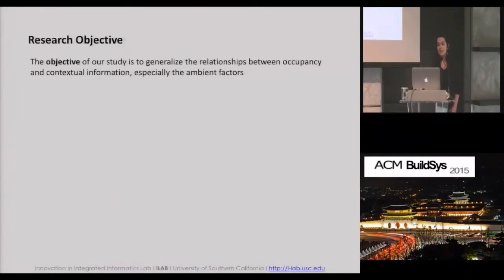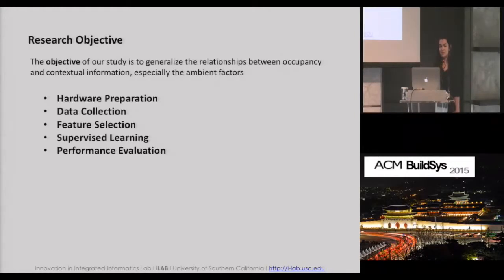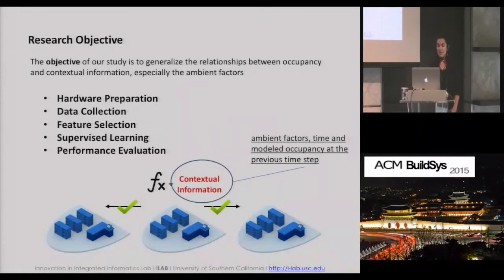Again, our objective is to generalize the relationships between occupancy and contextual information, especially the ambient factors. I'm going to take you through our approach from hardware to data collection to feature selection to supervised learning to performance. So contextual information is important to define.